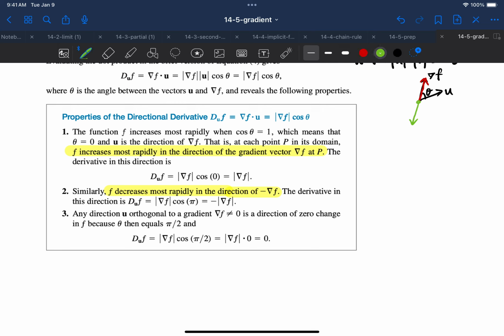So 90 degrees, perpendicular. And this way the ratio of change is 0. So any direction u orthogonal to gradient f is a direction of 0 change.